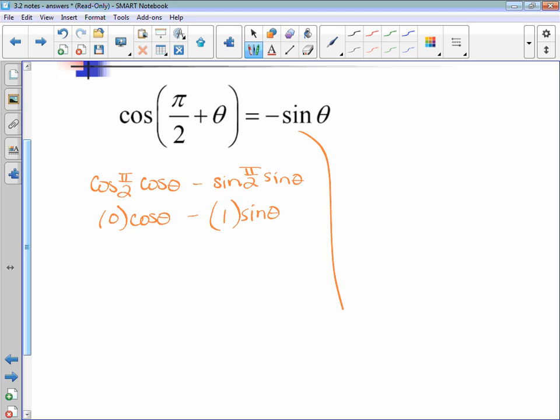So 0 times cosine, nothing, right? And then I've got minus 1 times sine, which is the negative sine of theta, which is where I was going. Okay? So a little easier than the other proofs because the formula helps you along the way.